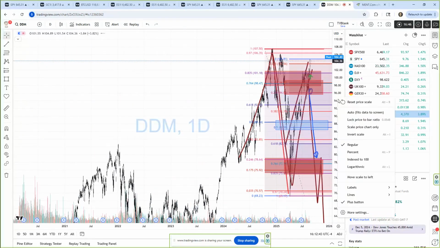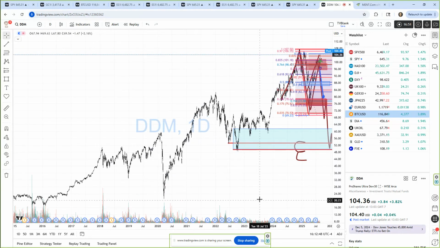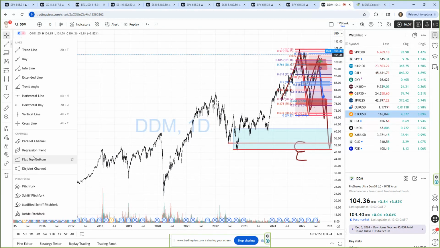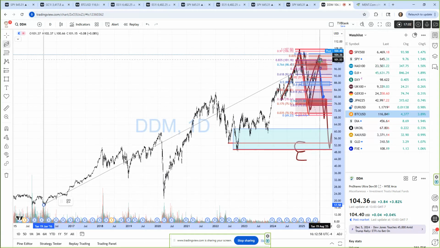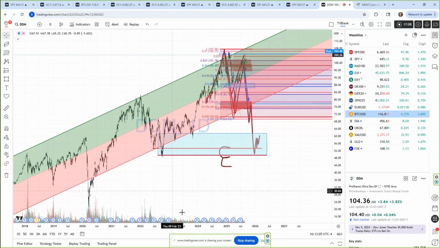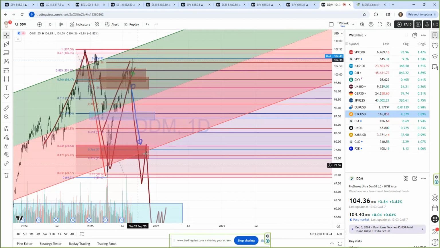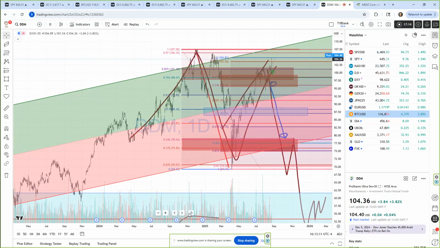Okay, we're technicians, we're trying to figure this out. This is DDM daily. We go all the way back, about as far back as I can go. We come over here to the standard regression channel. We pick our low, we pick our high, and looky there. Now, take a look at where these regression channels come into play.